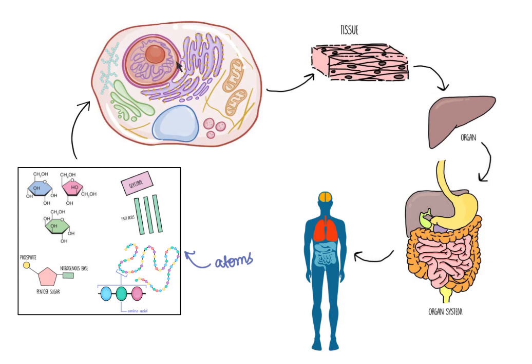These cells will then organize themselves into tissues, and different tissues will come together to form organs. These organs will join up to form a single organ system, and many such organ systems will give rise to a single organism. And so, this is why biological molecules are considered the building blocks.